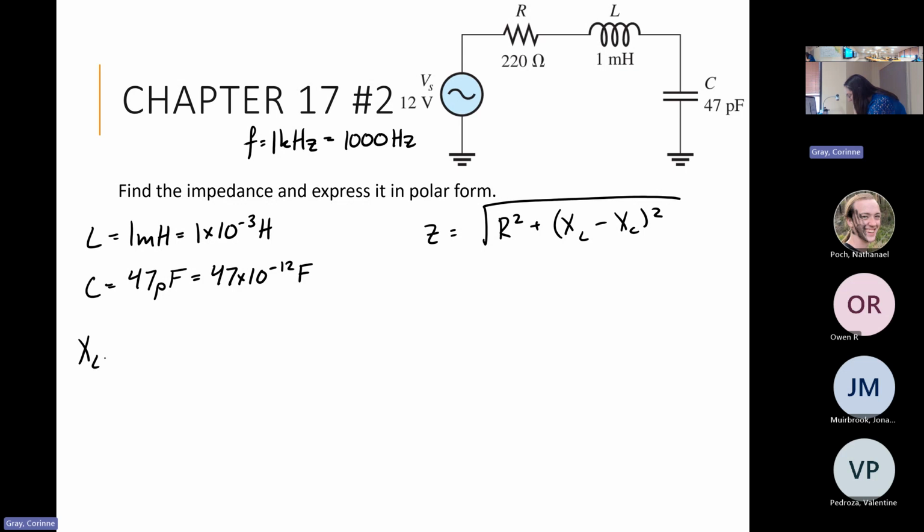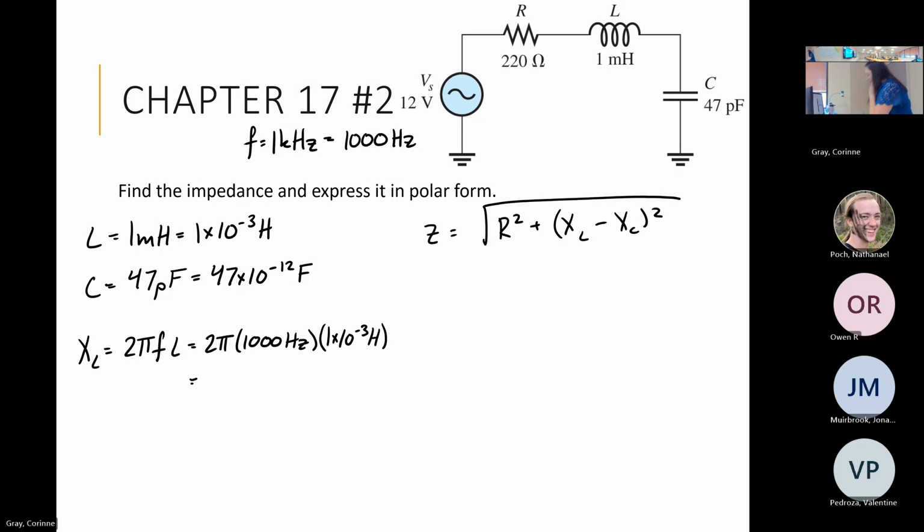Yeah, so we'll have XL equals 2 pi f L, 2 pi times 1,000 hertz times L, 1 times 10 to the negative 3 Henry. So we'll have 2 pi times 1,000 times 1 over 1,000, so we should just end up with 2 pi.